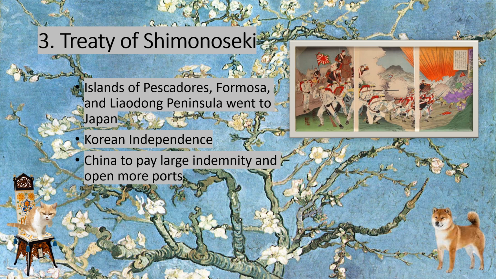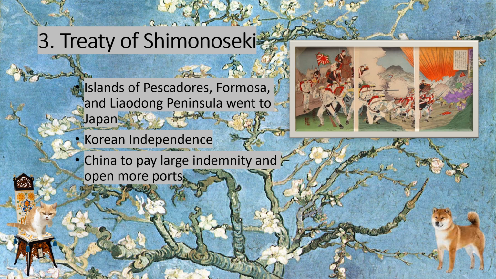This treaty granted Korea full independence from China, gave Taiwan and the Liaodong Peninsula to Japan, required China to pay a large indemnity to Japan, approximately 13,000 tons of silver. It also allowed Japanese ships to operate on the Yangtze River and to have factories in 4 Chinese ports that would now be completely open to Japanese imports.